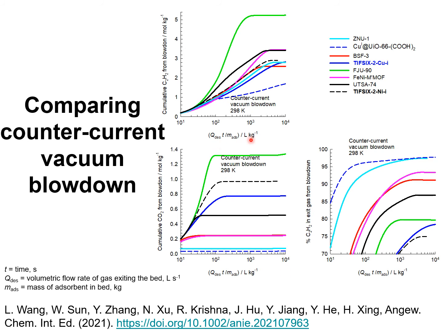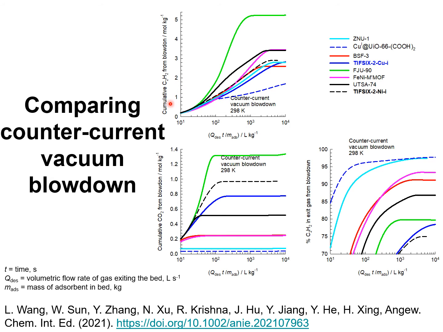We choose the parameter Q desorption times the time divided by mass of adsorbent as the x-axis in all three cases. Q desorption is the volumetric flow rate of gas exiting the bed, and this is dictated by the draw-off rate used for the vacuum pump. We employ deep vacuum to desorb the products.